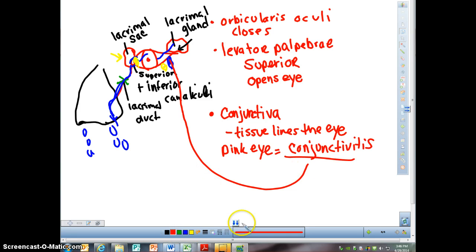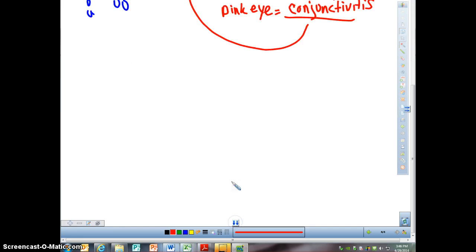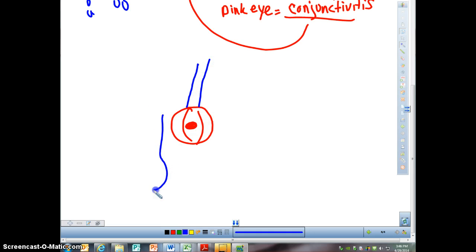One other thing, while you're coloring, if we have an eyeball here, that wasn't my best eyeball. Your parts of the eyeball with your muscles. So if this is the top, you have a top muscle here. I'm going to draw a nose here. So we're looking at the right eye here.